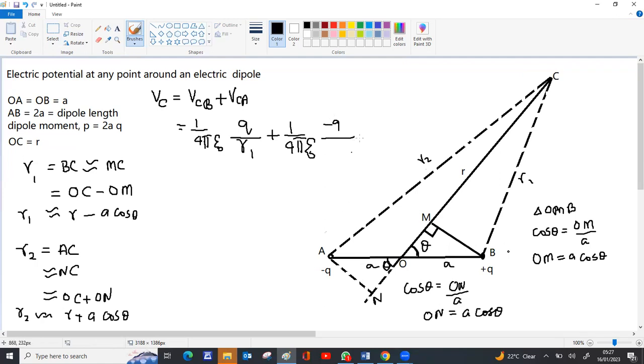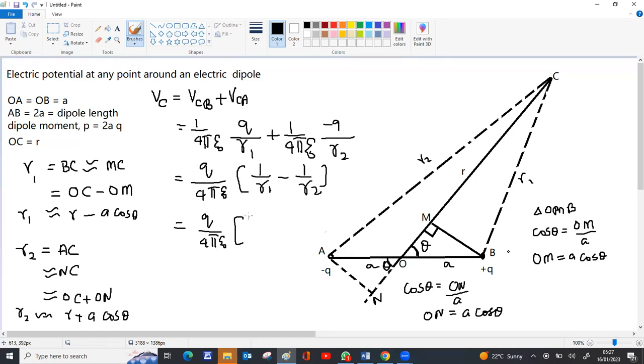This is the distance from A to C, which is r2. The common factors come out: Q common, 1 by 4 pi epsilon 0 common. What is left is 1 by r1 minus 1 by r2. We take LCM, that will be equal to Q by 4 pi epsilon 0 into (r2 minus r1) by r1 r2.